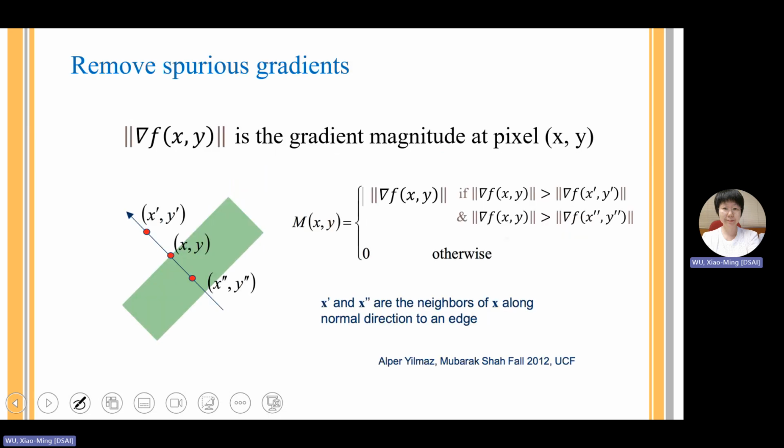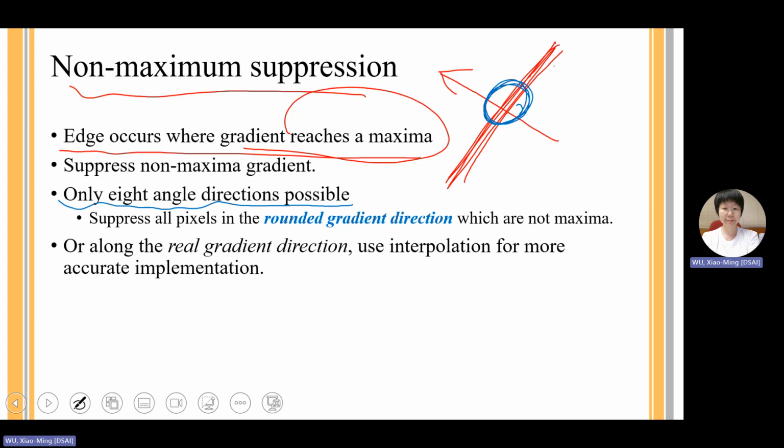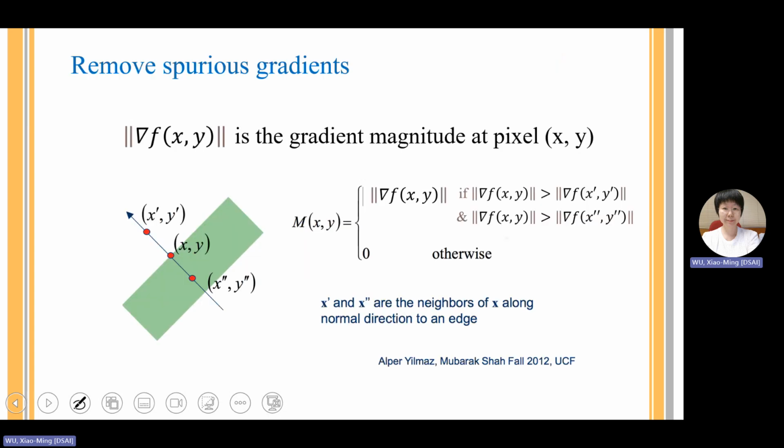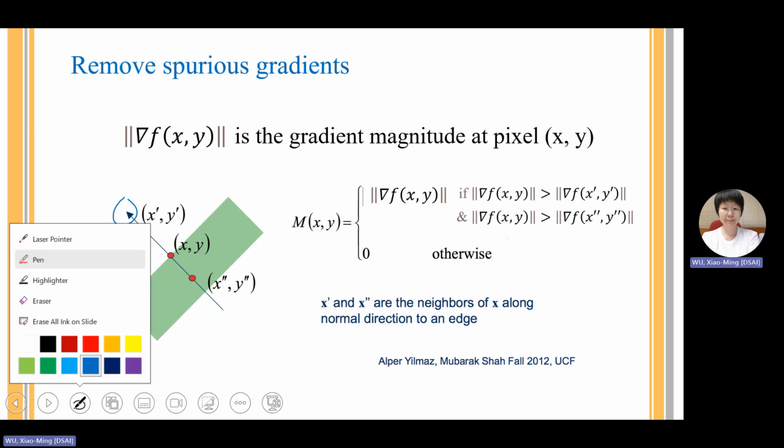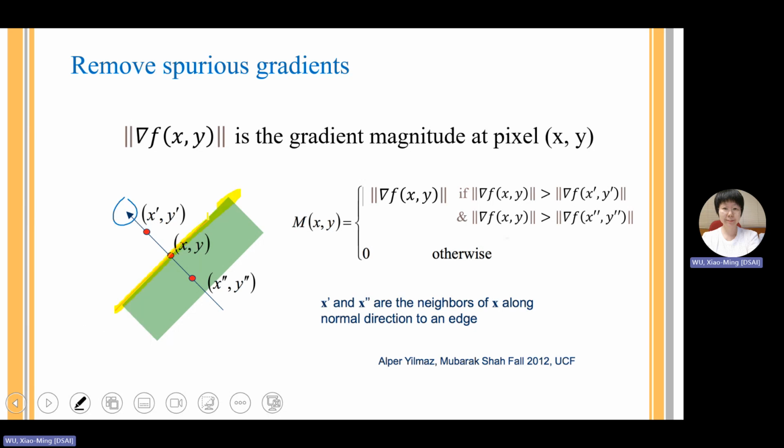So only 8 angle directions are possible. Now, this represents the gradient direction, and this is the edge direction.